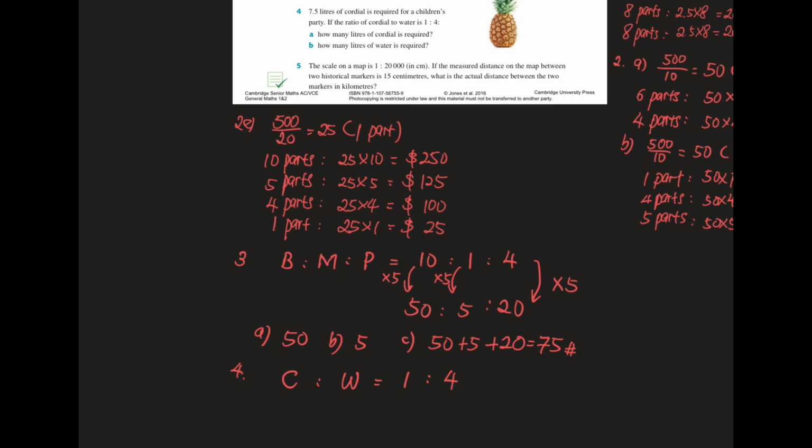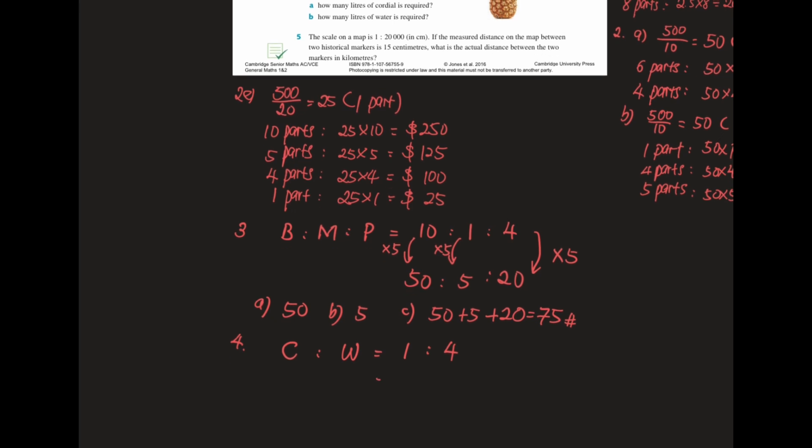Yes, 5 more minutes. Okay, so the ratio is 1 to 4, and the question said that we have 7.5 liters of cordial. So meaning you have to multiply with 7.5 to get 7.5, and you have to multiply with 7.5 for the water.